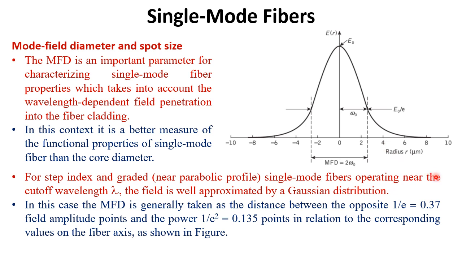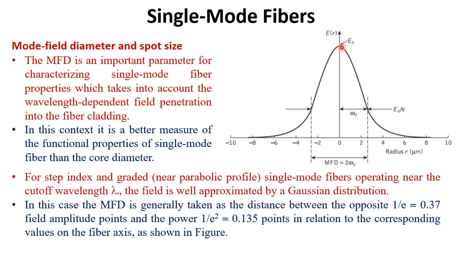So in this case, MFD is generally taken as the distance between the opposite 1 by e, that is 0.37, field amplitude points. So this is the E0 and this is E0 by e, that is 37% of E0 field amplitude points, and the power of 1 by e square, that is 0.135 points, in relation to the corresponding values on the fiber axis, that is shown right here.